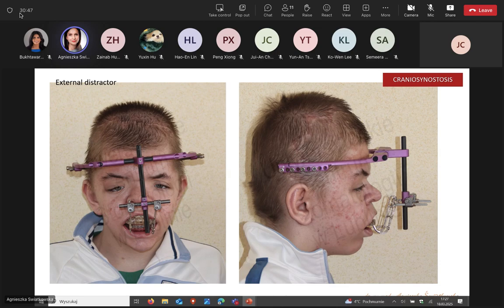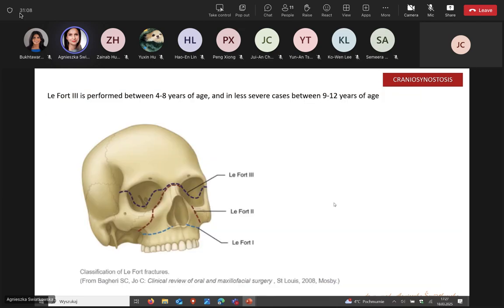We call this a rigid extraoral distractor, and this distractor is connected to the patient with a splint, which is connected with the patient's mouth, with the patient's upper jaw. And this appliance is connected with screws to the patient's head. A typical patient with severe skeletal class 2 or severe skeletal class 3 needs operation.